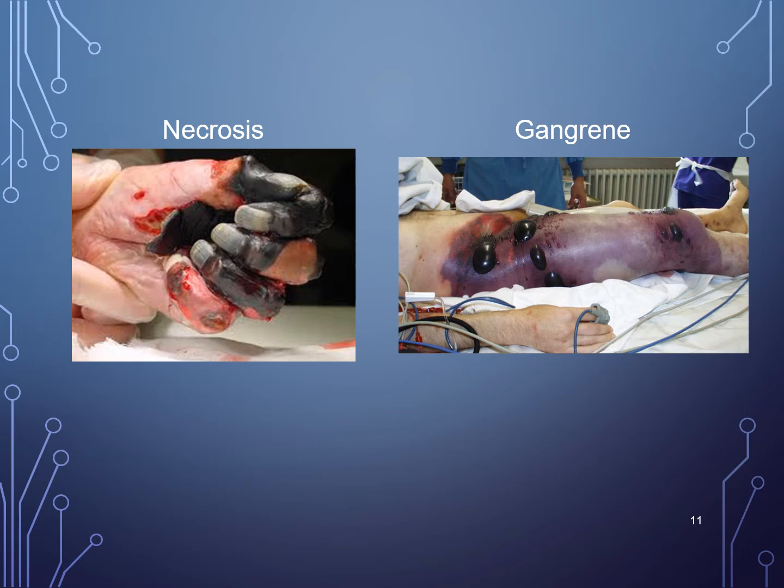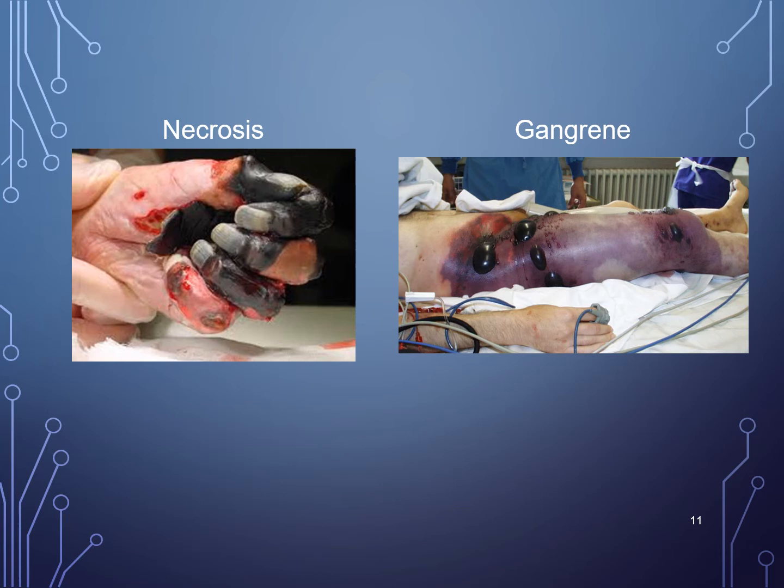So it makes sense that those conditions are going to start at the furthest points and kind of work their way inward. And you can see this necrotic hand on the left, some gas gangrene on the right, which is also a product of some sort of bacterial infection, and anaerobic bacteria that doesn't like oxygen, can hide deep within the tissues, and then you get this sort of thing happening.